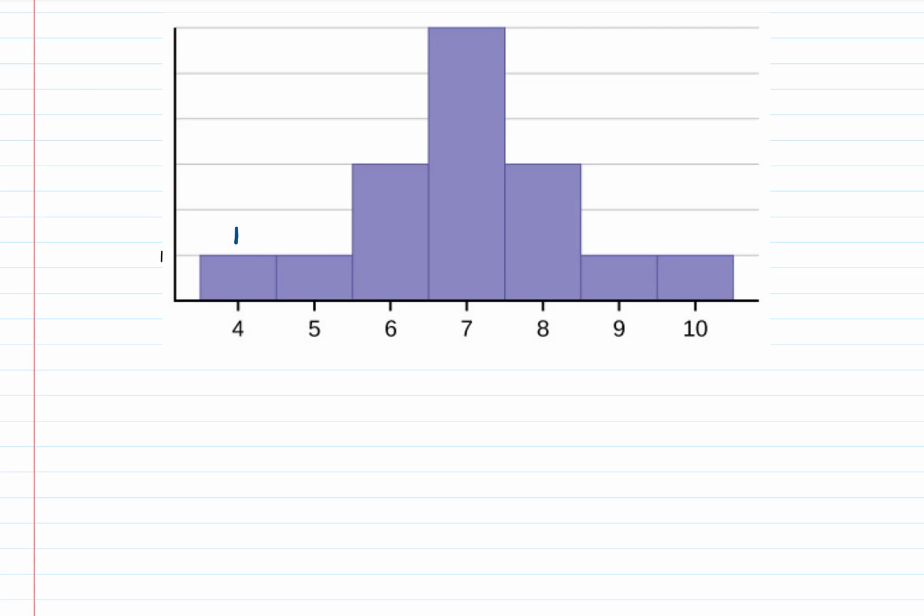Let me label these for you. So there's one data point of 4, there's one 5, there's 2 6s, there's 6 7s. Oh, I'm sorry, I miscounted. There's not 2 6s, there's 3 6s. There's 6 7s, there's 3 8s, and then there's 1 9 and 1 10.